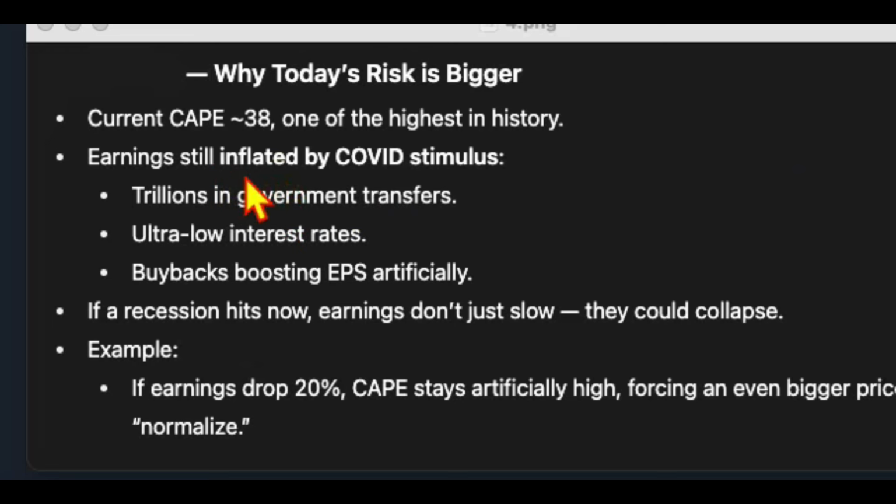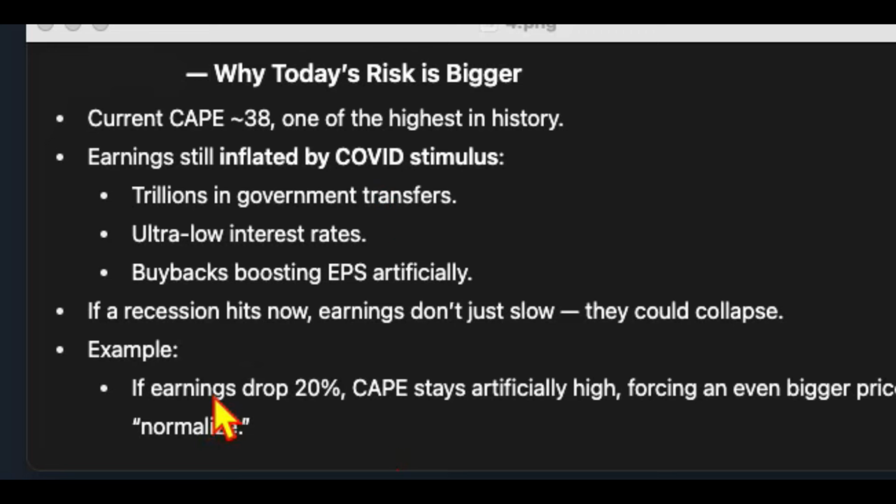During COVID, we had a lot of money coming in, trillions in government transfers, ultra low interest rates, which made company earnings even larger, and buybacks that boosted earnings per share artificially. So if we do get a recession now, earnings will not just slow, they will actually collapse.